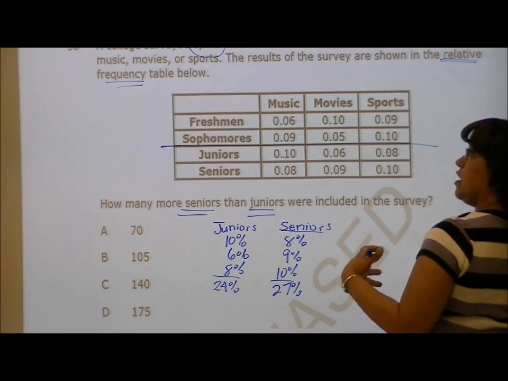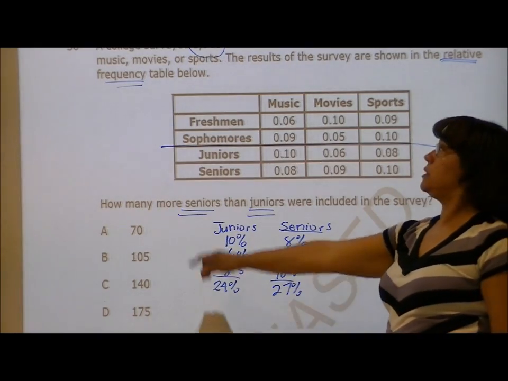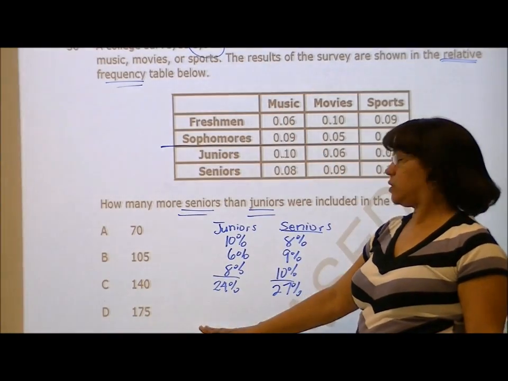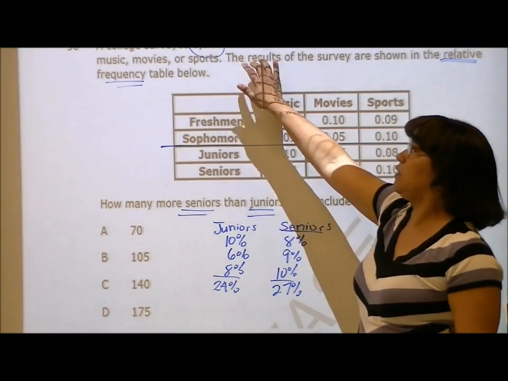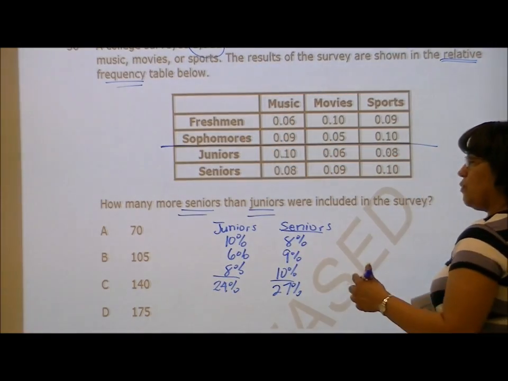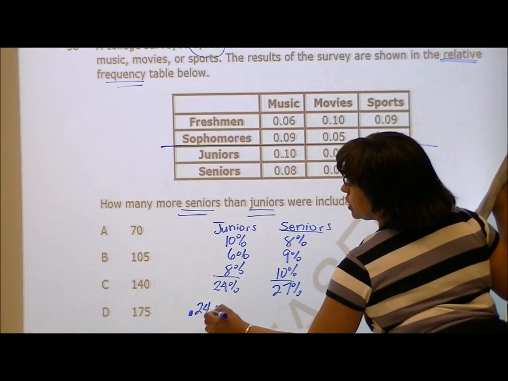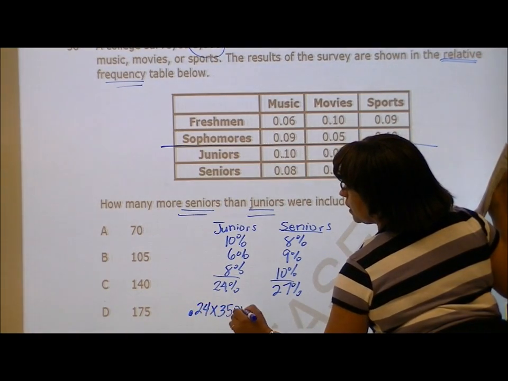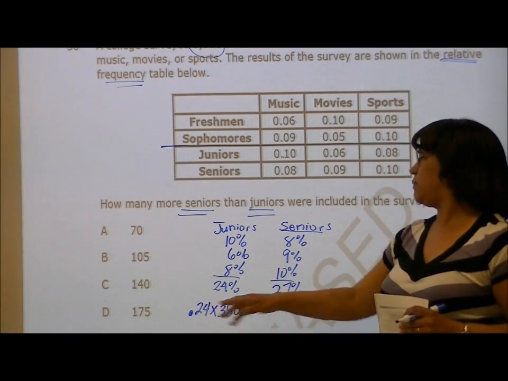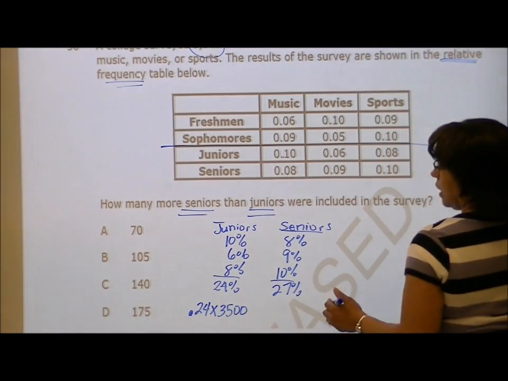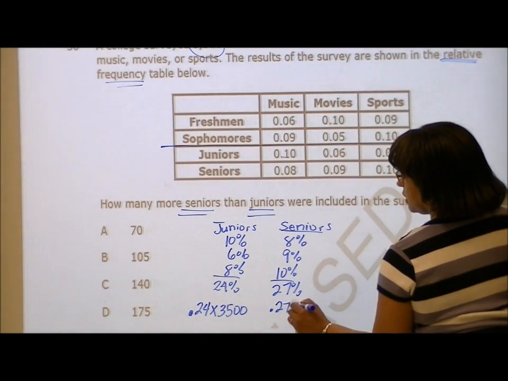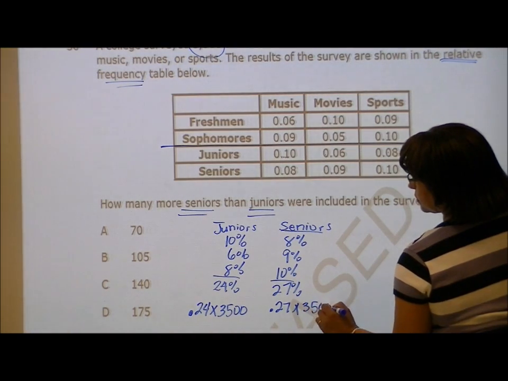So if you want to know the numbers, you would take 24% of 3,500 for your juniors and 27% of 3,500 for your seniors. Remember, of means multiply, so that's 0.24 times 3,500, because when you multiply, you want to change that back to a decimal. And 0.27 times 3,500.